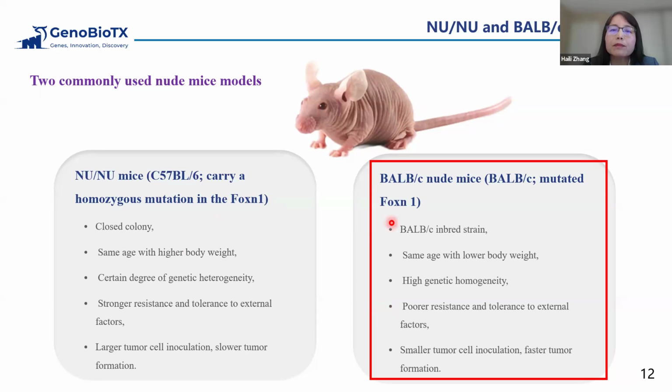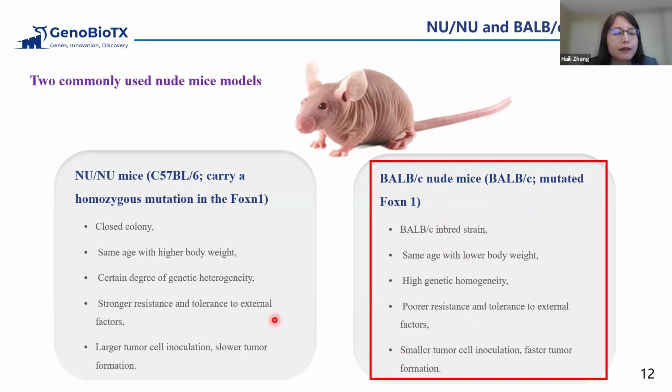Another is BALB/c nude mice, BALB/c background carrying mutations in the FOXN1 gene. So this model was developed by our company.